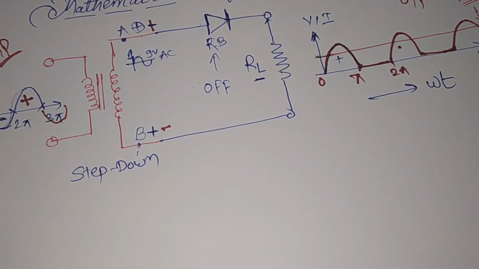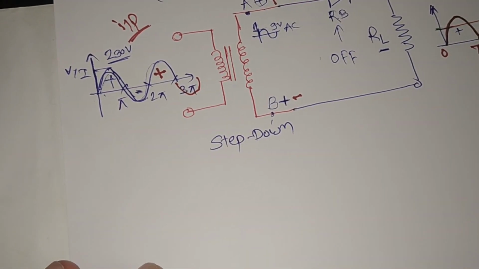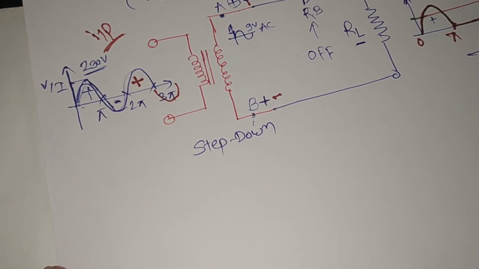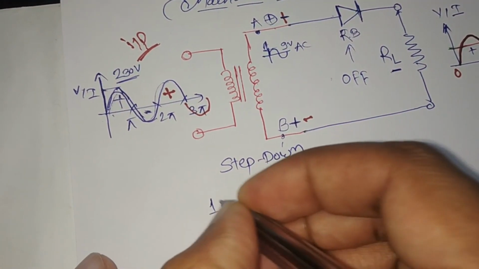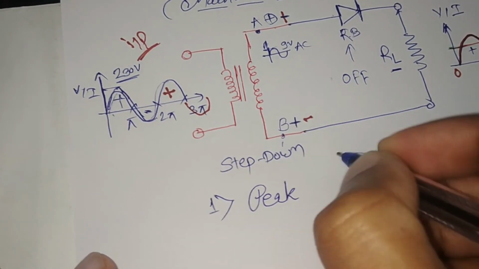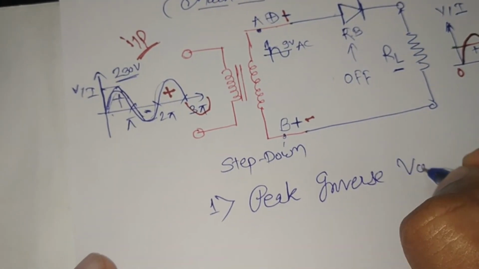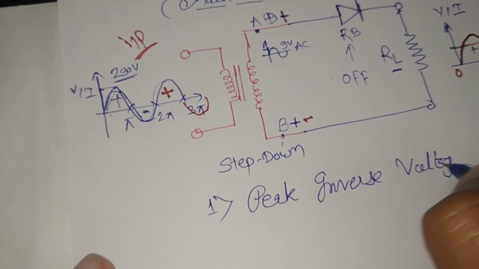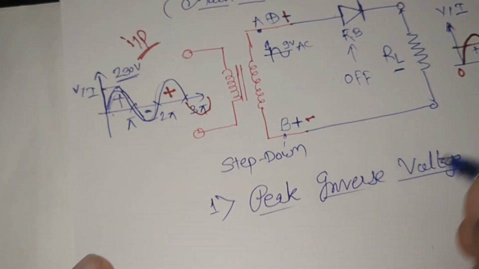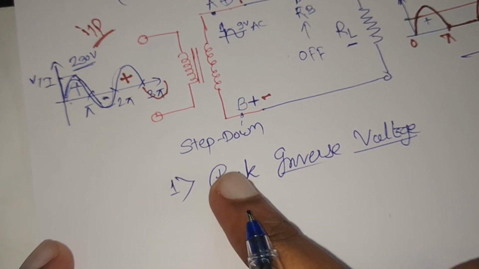Let us continue with our discussion. We have to see the mathematical parameters here. The first one is peak inverse voltage. What is the meaning of peak? Peak means maximum value.